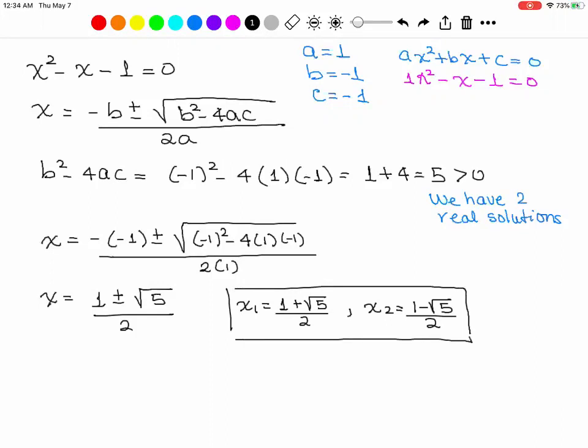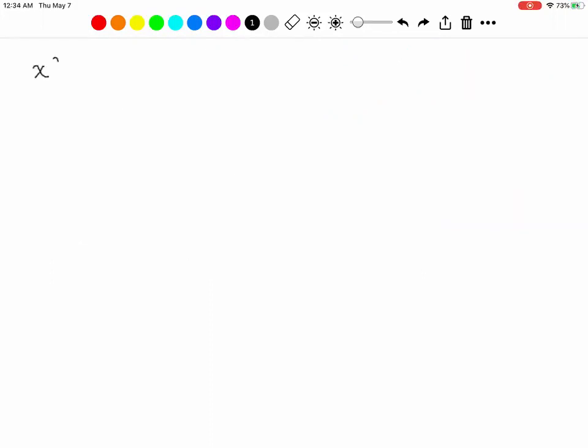Let's do one more exercise. How about if we have x squared plus 2x plus 1. This equation, you can actually factor it, right? So this is basically x plus 1 whole square.